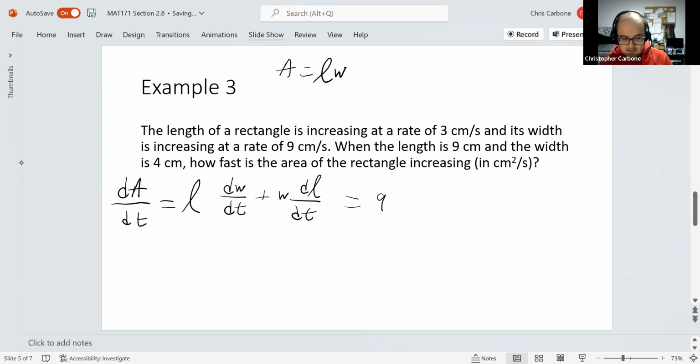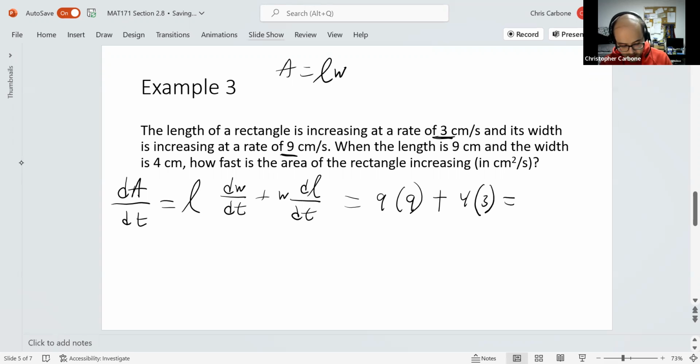So we have the length of 9 centimeters times the derivative of the width, which was given as 9, plus the width, which was 4, times the derivative of the length, which is 3.